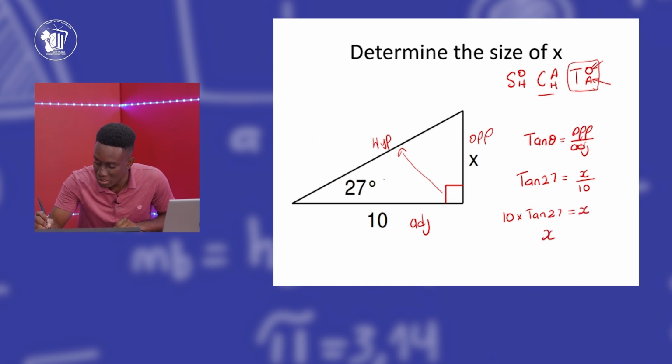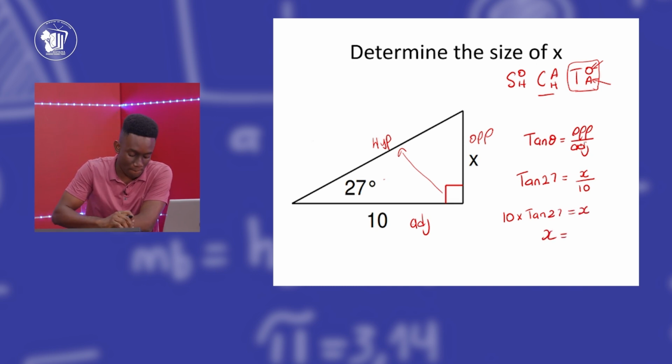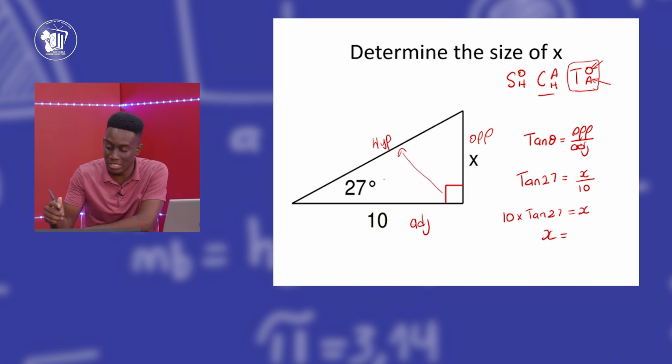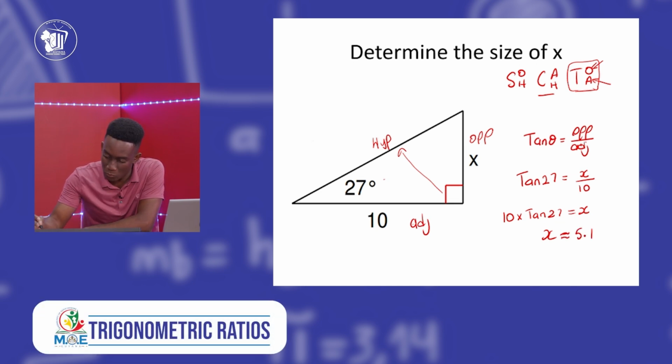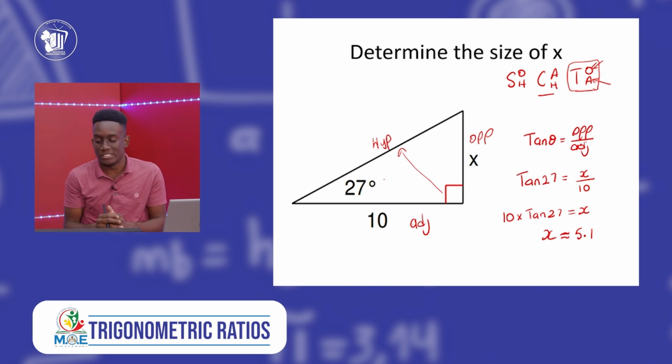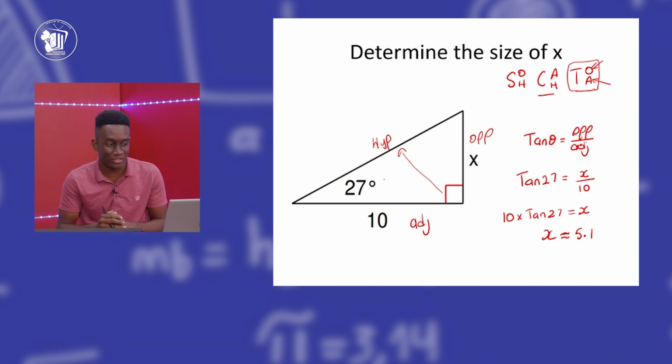So hence x will be equal to 10 multiplied by tan 27. When we punch it in our calculator, we'll get approximately 5.1. So the value of x is approximately 5.1, or if you want to round this off to the nearest whole number, approximately 5. And that is how we answer these kinds of questions.